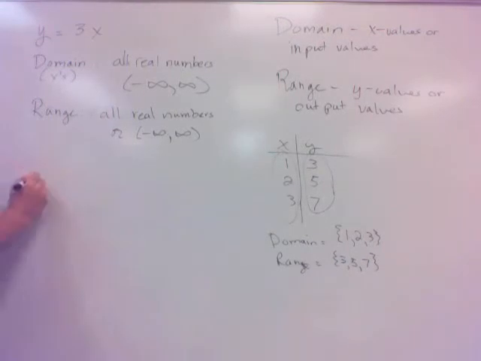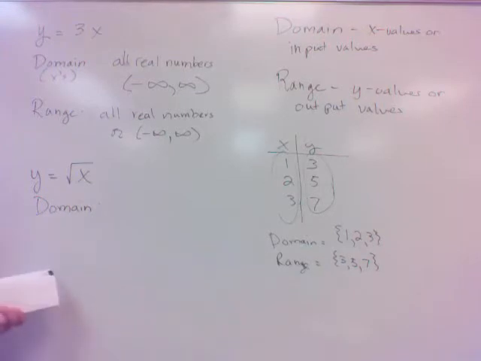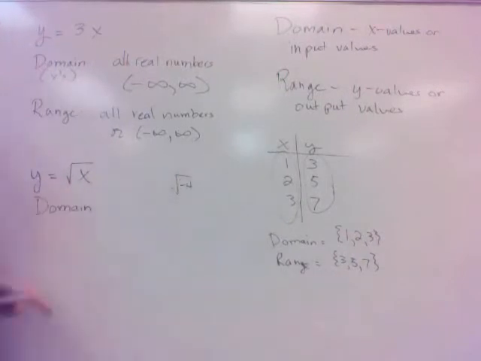All right. Now, sometimes you will get restricted. We'll talk about this one more later on, but on like the square root of x, since we're talking real numbers here, can x be a negative number? If I plug in x to be negative 4, wouldn't I get something that's not a real number?